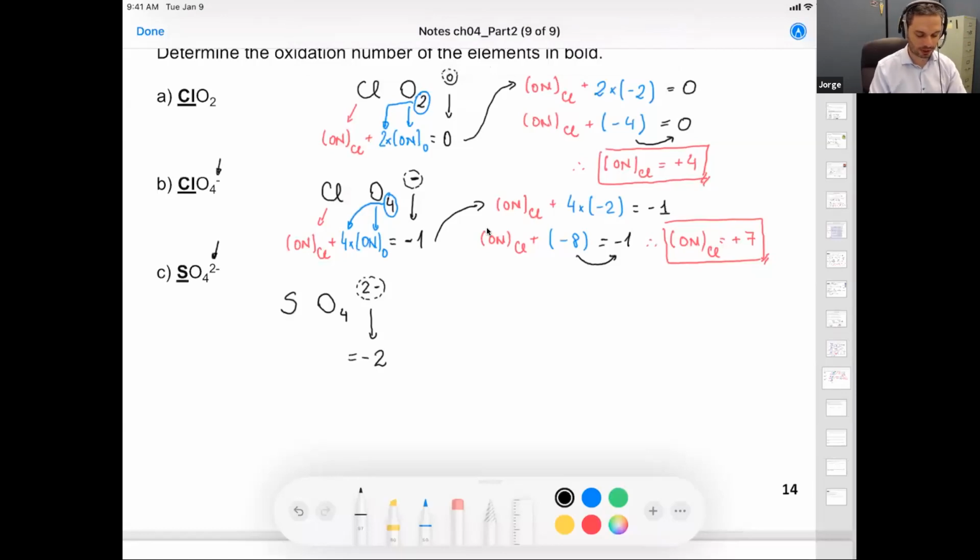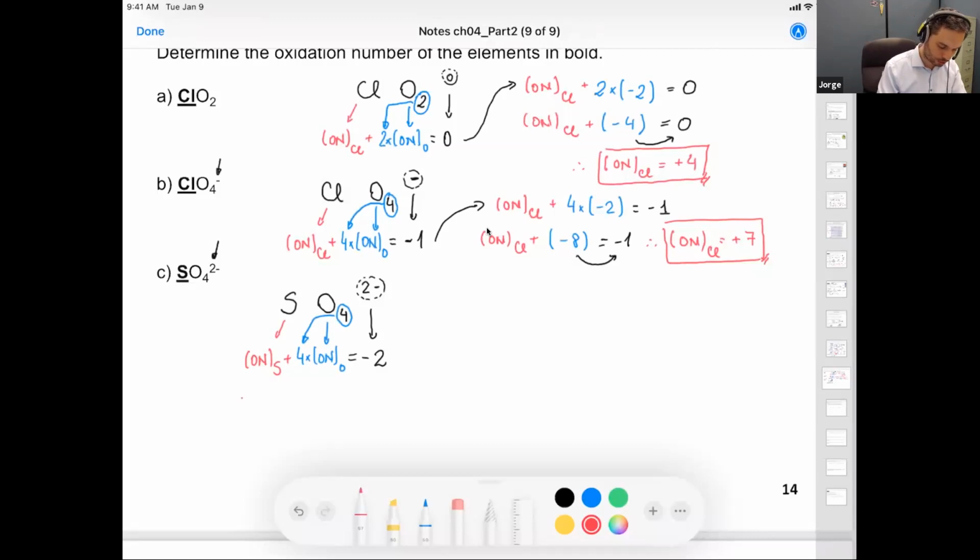The sum of the oxidation numbers is -2, and this has to be equal to the oxidation number for sulfur plus 4 times the oxidation number for oxygen. Again, the 4 is there because we have 4 atoms of oxygen. Therefore, we have to multiply the oxidation number by 4.